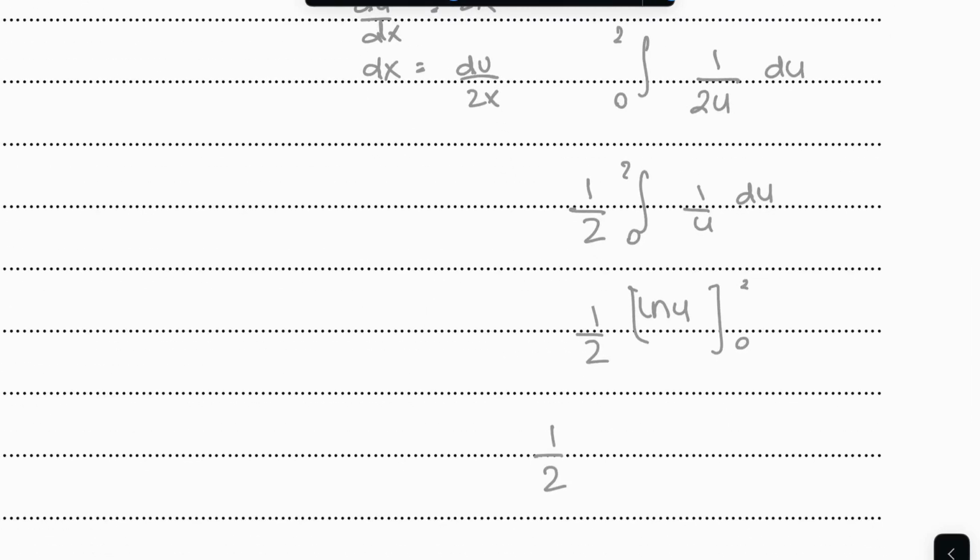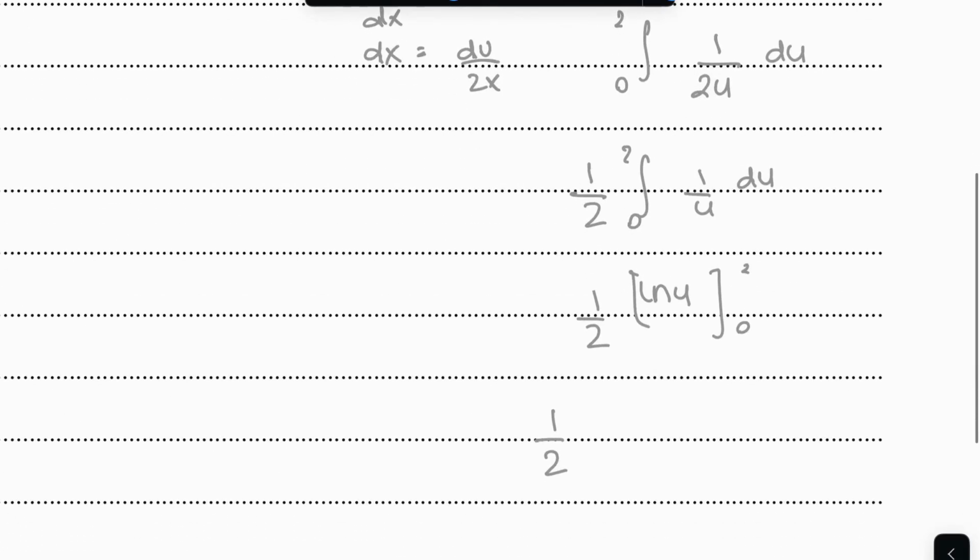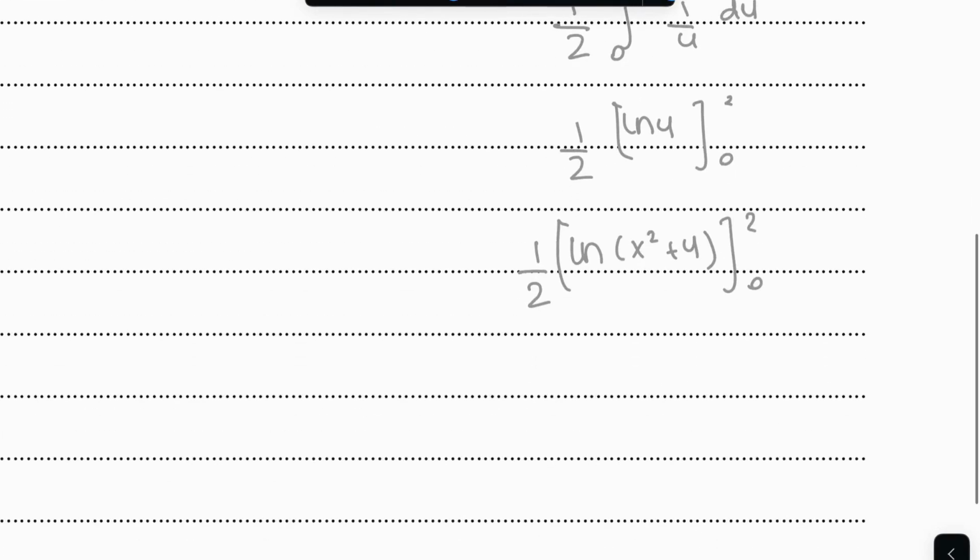So let's replace u back. We took u as x squared plus 4, so we will have half ln of x squared plus 4 with these limits. And so if we put 2 and 0 in, let's just simplify this right now.